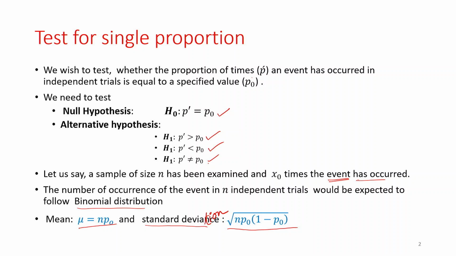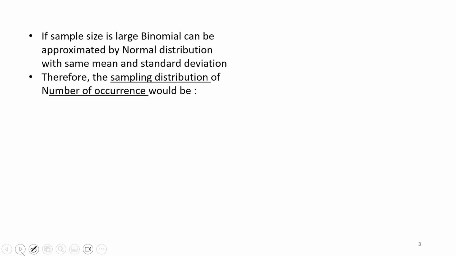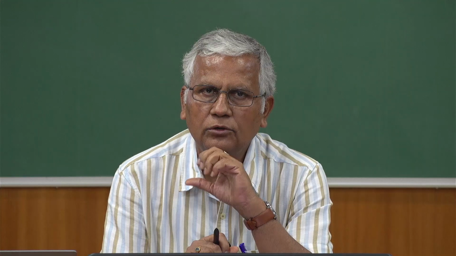Now these are already known to us, and we have already discussed binomial distribution earlier. What is the mean value of a binomial distribution and what is the variance or standard deviation of a binomial distribution. So this is also a fit case of binomial distribution, especially when the sample size is large. Then the binomial distribution can be approximated by normal distribution.